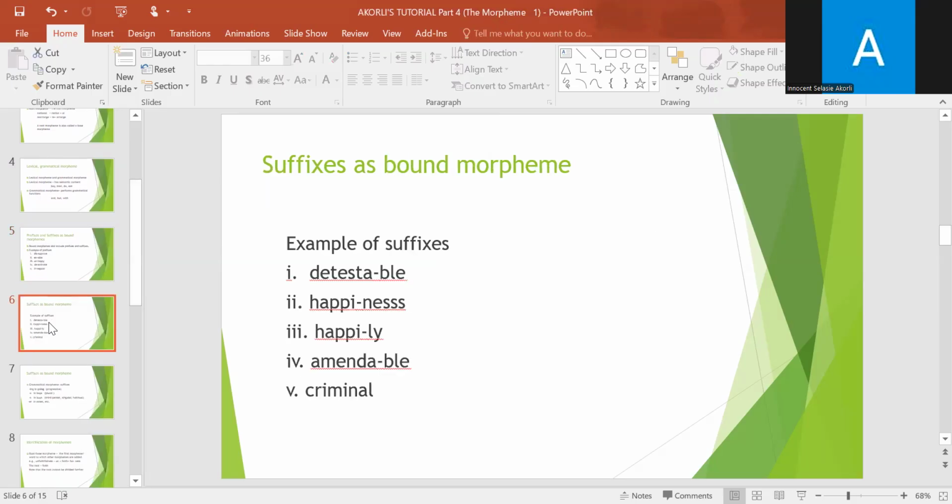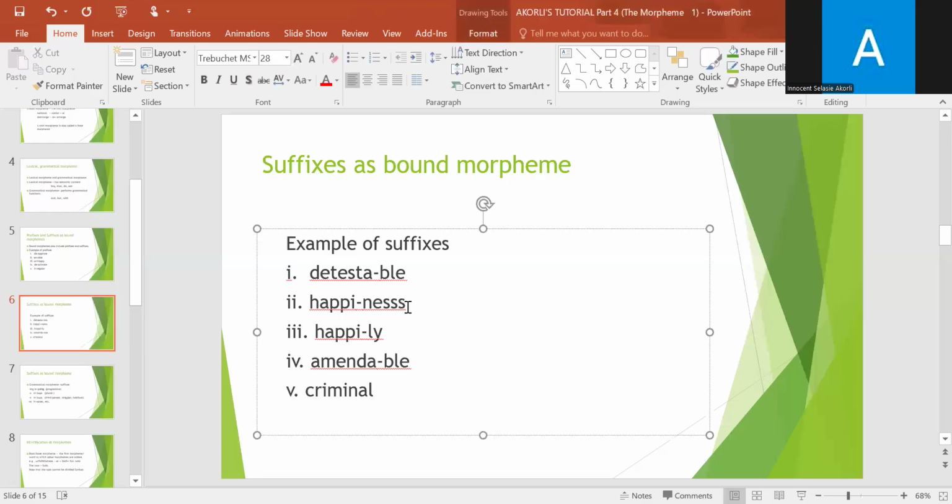So here we can see examples of suffixes. Suffixes as bound morphemes: detestable, happiness, happily, amendable, criminal.